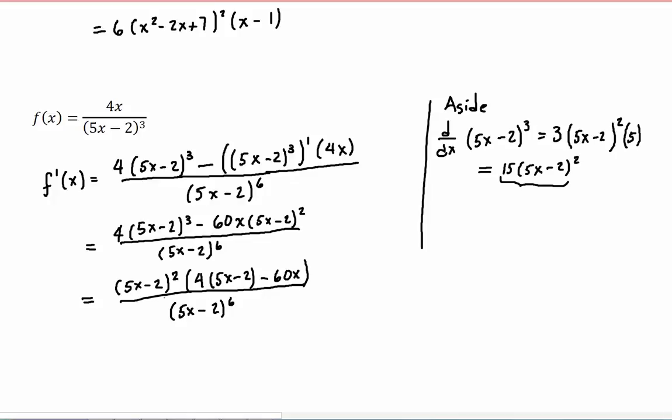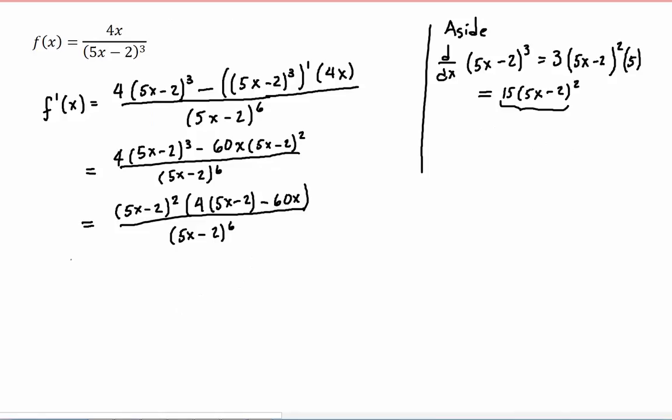So let me scroll a little here. And notice now that I have 2 of them in the top and 6 in the bottom. So you copy the 5x minus 2 in the bottom and raise it to the power of 6 minus 2, and that gives you a 4. Now you can distribute this 4 as well.